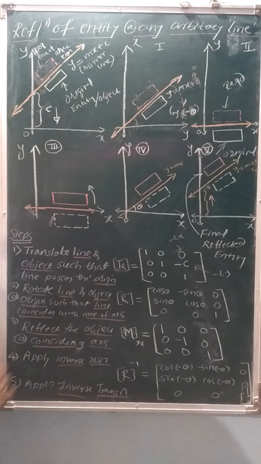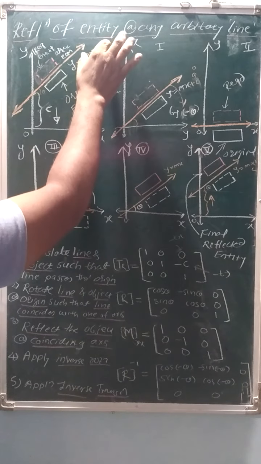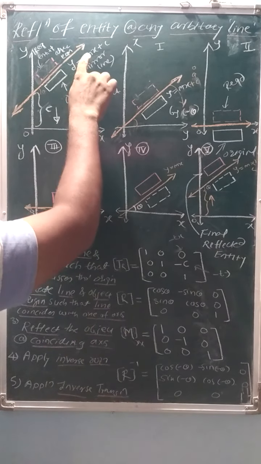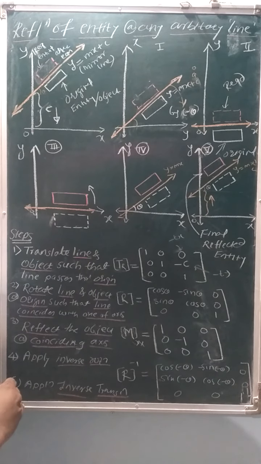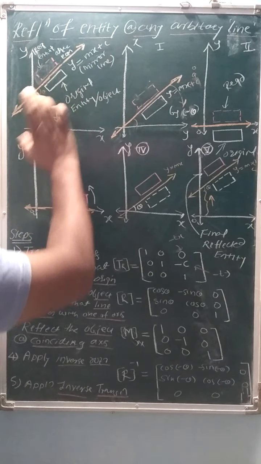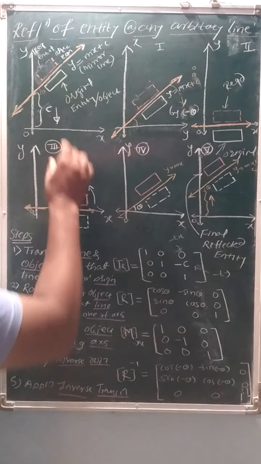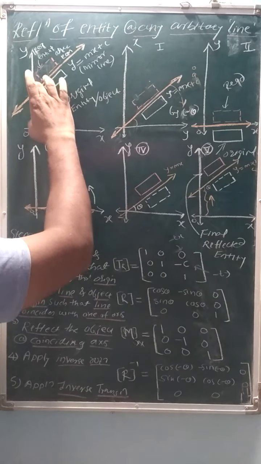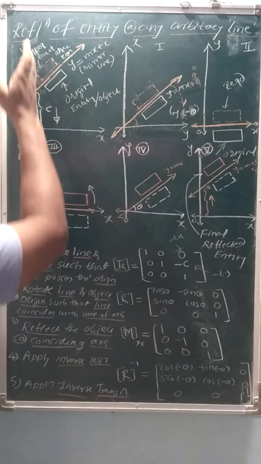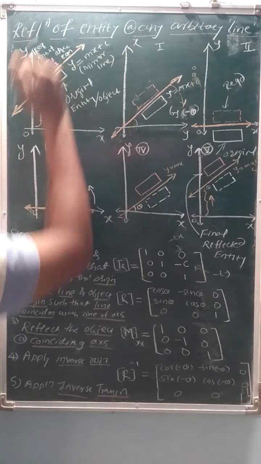See here, in this equation of line, y equals mx plus c, m represents the slope of the line and c is the y-intercept. Now what is the y-intercept? The y-intercept is the distance of intersection of the line with the y-axis, and that distance we calculate from the x-axis.